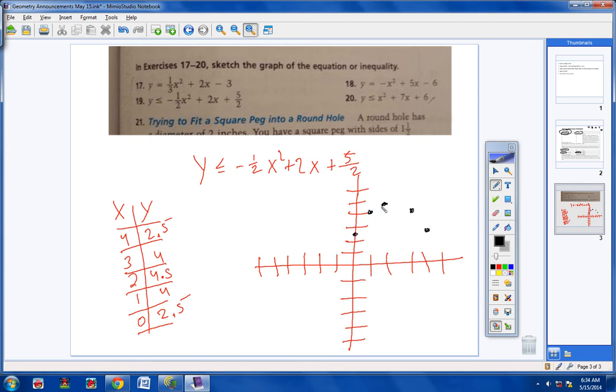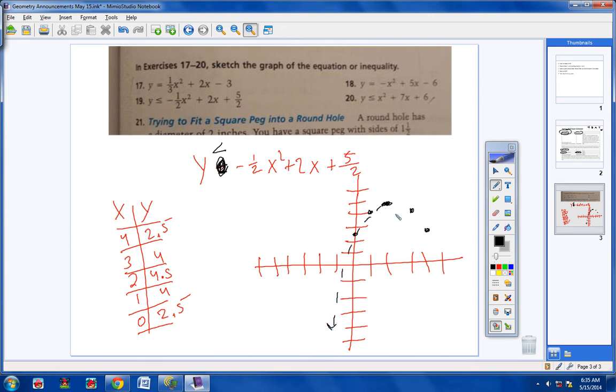Now, watch this, please, Martin. See this less than or equal to? Because it says less than or equal to, you have a solid parabola, okay? However, if this just would have said less than and there wasn't an equal sign, then you would have a dotted parabola.